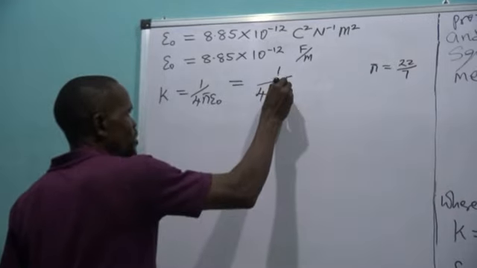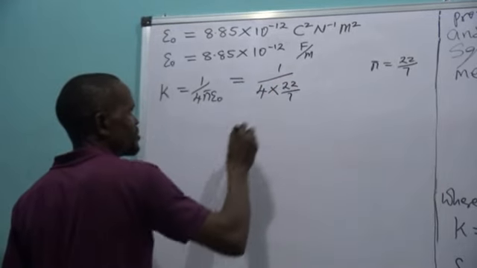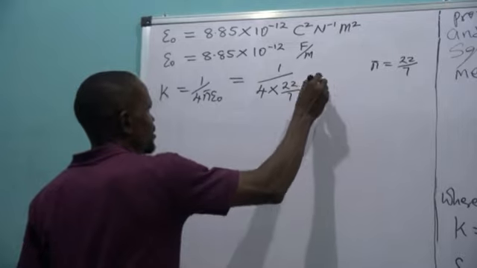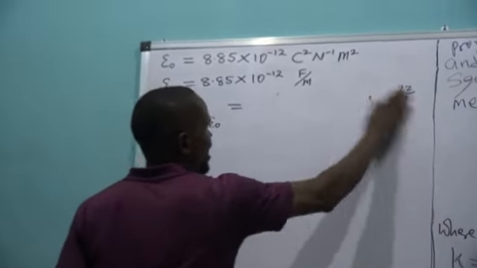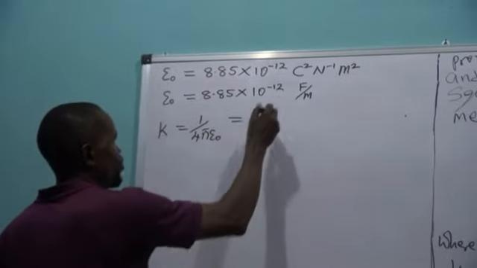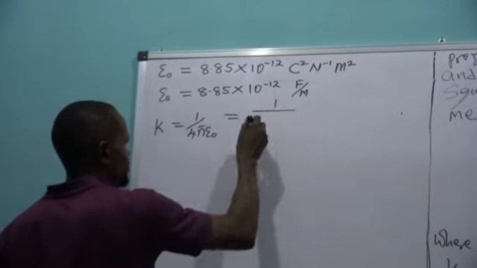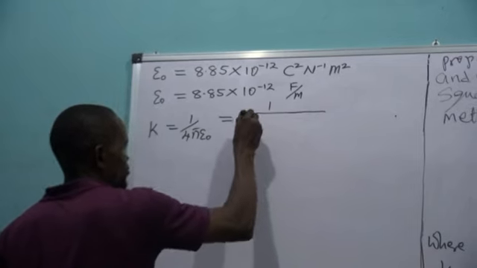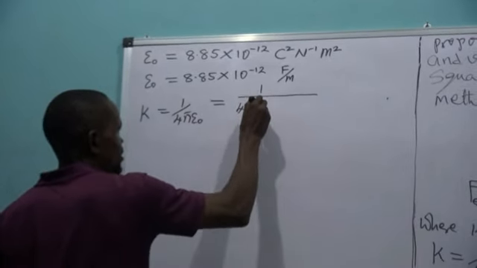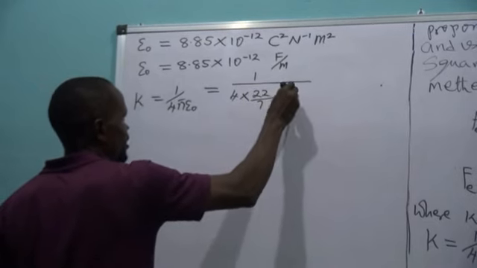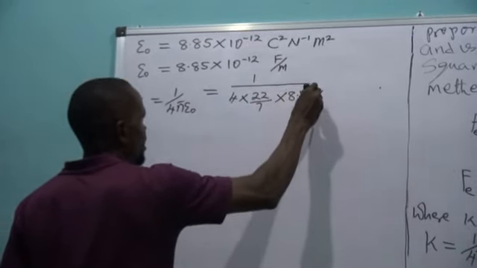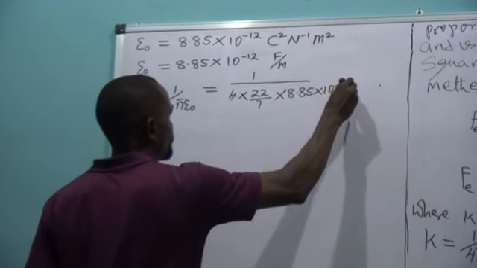I will now multiply by 22 over 7 times epsilon O. Pi is 22 over 7. I'm going to have 1 all over 4 times 22 over 7 times 8.85 times 10 raised to the power minus 12.